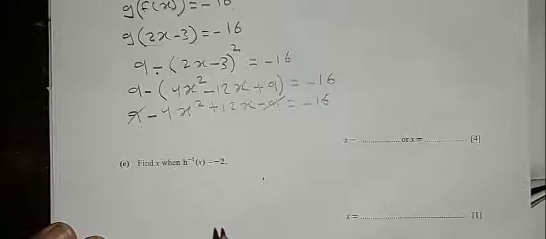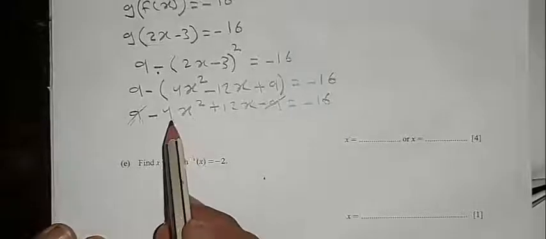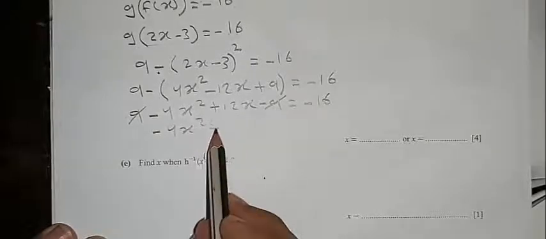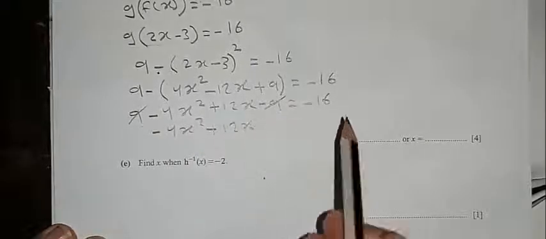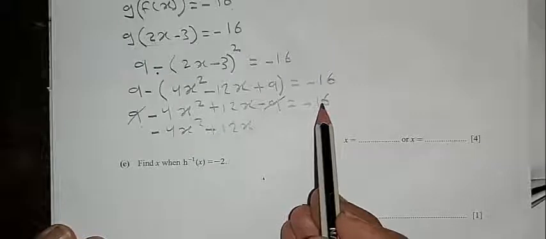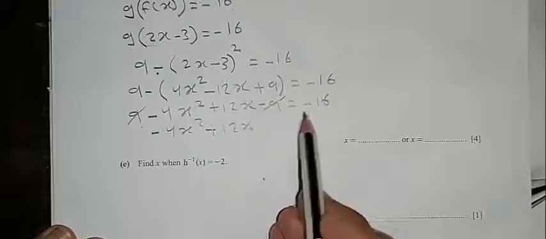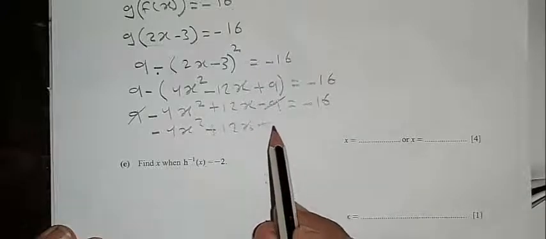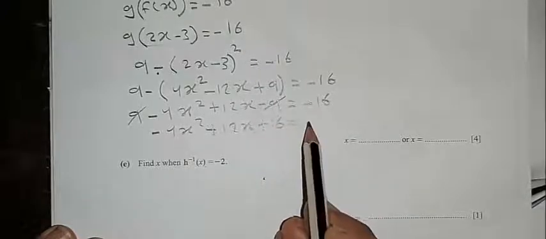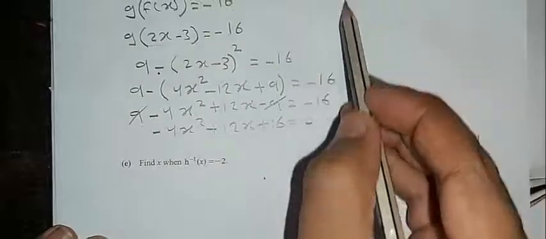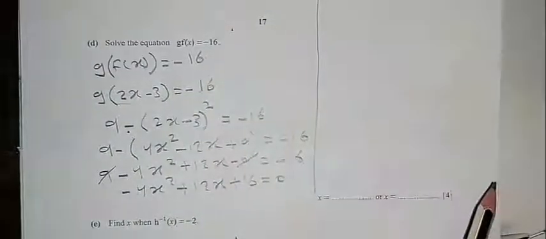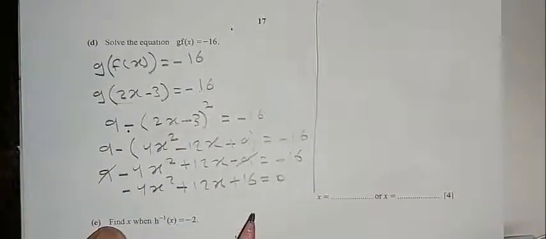Now we have minus 4x squared plus 12x. We bring the negative 16 to the left-hand side with a positive sign, so plus 16, and this all equals 0.